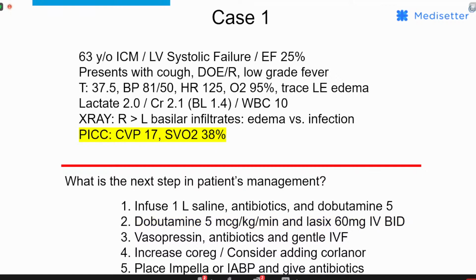So in patients with a heart rate of 125, I would never give them a beta blocker. I would never give them Corlenor. I would never give them any rate slowing agents unless they were in an arrhythmia. So if the patient had atrial fibrillation, atrial flutter, then I think it's reasonable to consider giving them rate agents to control that atrial arrhythmia.